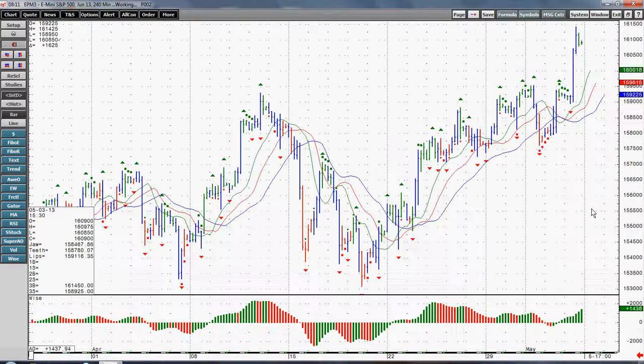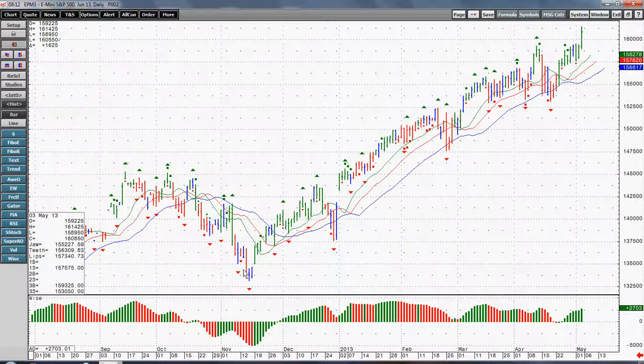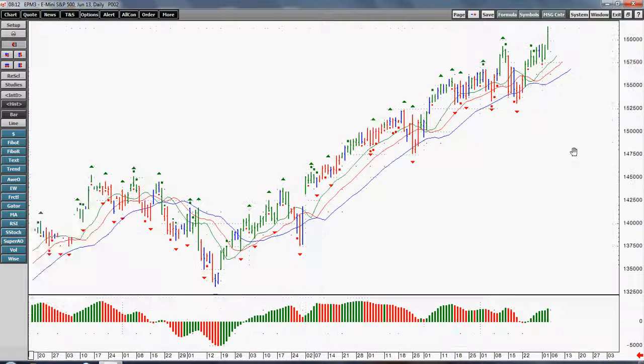Next market we're going to take a look at is going to be the S&P. E-mini S&P, of course, we've had beautiful moves. Let's go back to the daily first. We can see that this trend actually started back in November. We've had a few drops here, but you can see that this has been a steady, nice move. Price bars are completely outside the alligator's mouth. We had a fractal buy that was hit.